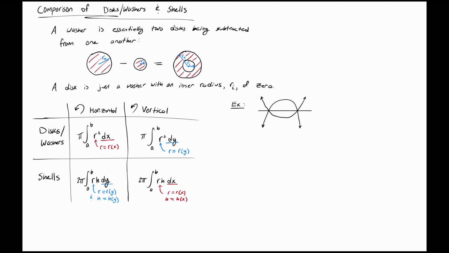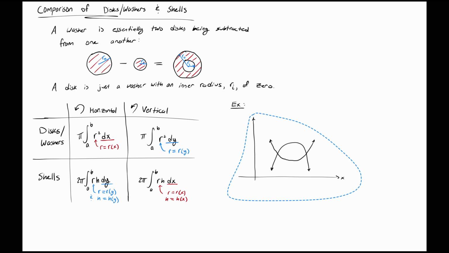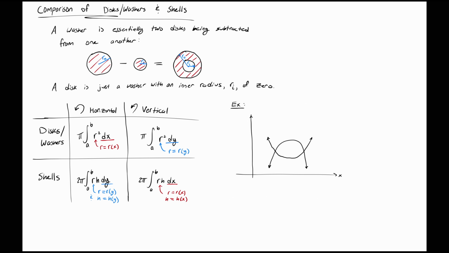Okay, so if we do something like this, let's say we're going to rotate this about some vertical axis. If we're going to rotate this about a vertical axis, then using the shell method would be better.